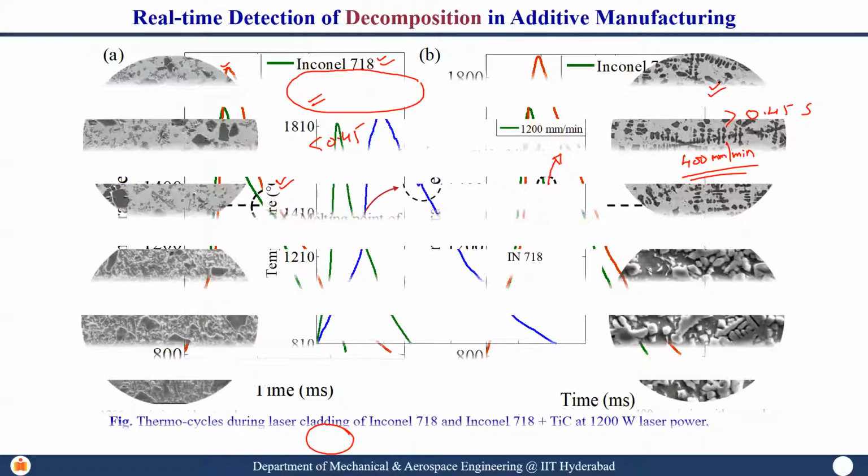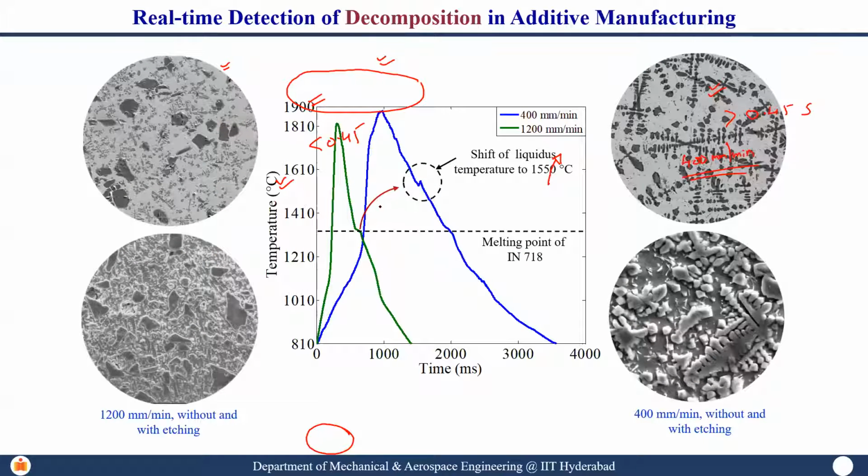That is what we have observed. At 1200 mm per minute, titanium carbide particles are intact. There is some amount of compositional change, but that would not significantly affect our solidification self location. It is the same as Inconel 718, but at 400 mm per minute, you can see it got a completely dendritic structure.